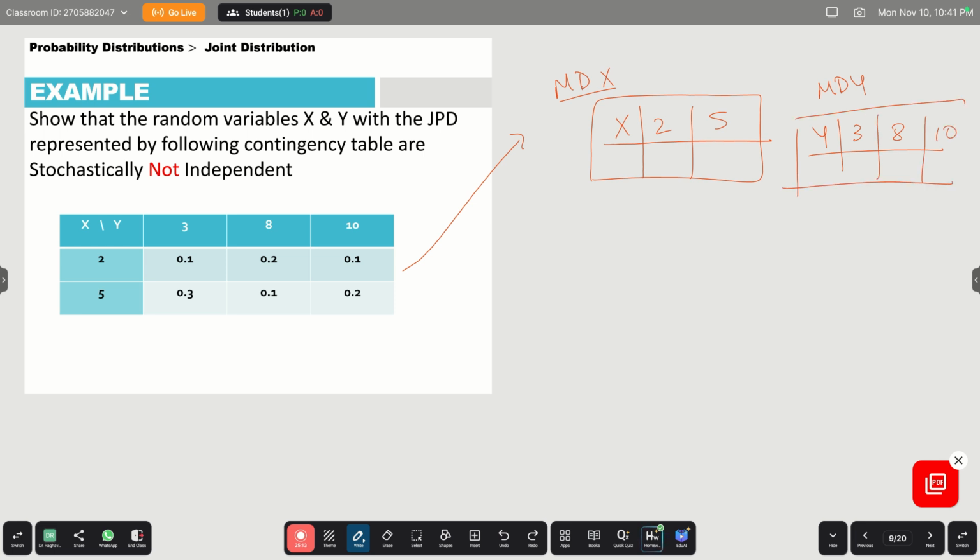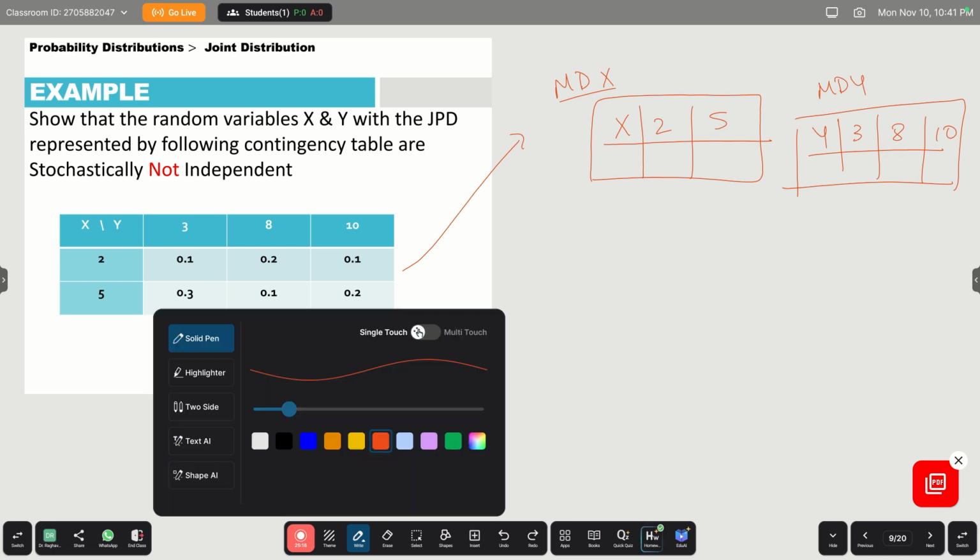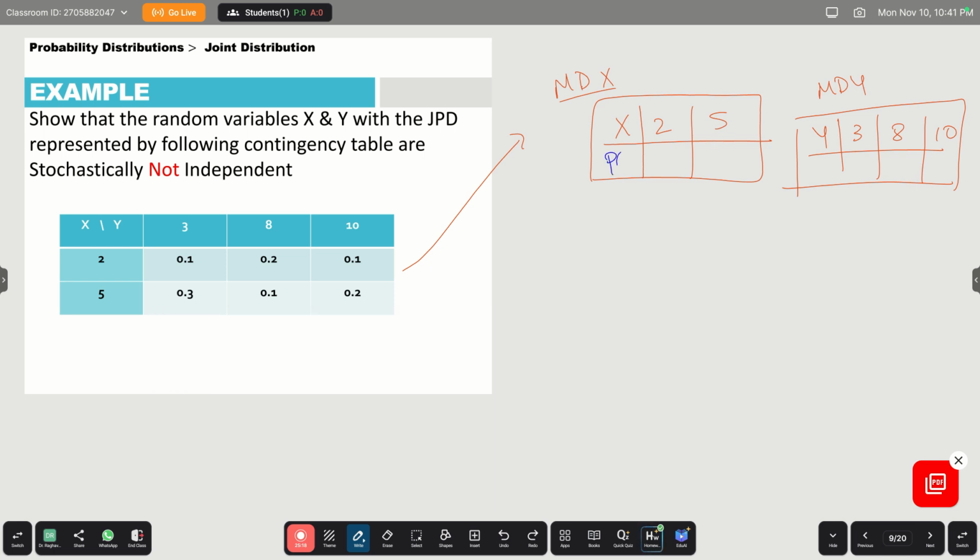For X, the probability for 2: if I add the first row, I get 0.1 plus 0.2 plus 0.1, 0.4, and for the second row 0.3 plus 0.1, 0.4, plus 0.2, 0.6. Make sure this sum is also 1. You just cross verify. If it is not 1, you have made some mistake in the calculation, and you can correct it.